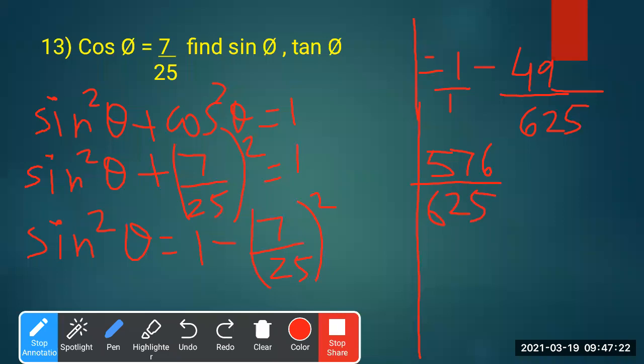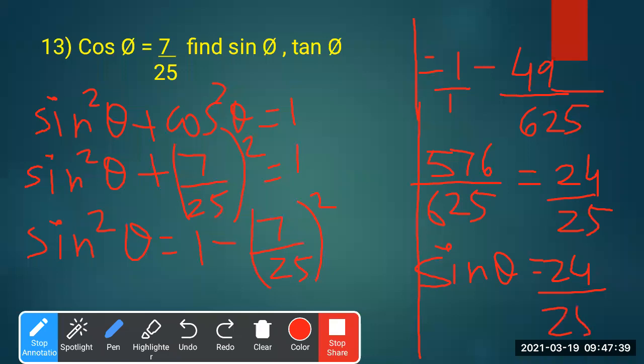So taking the square root, the square root of 576 is 24, upon 25. So sin theta is equal to 24 upon 25.